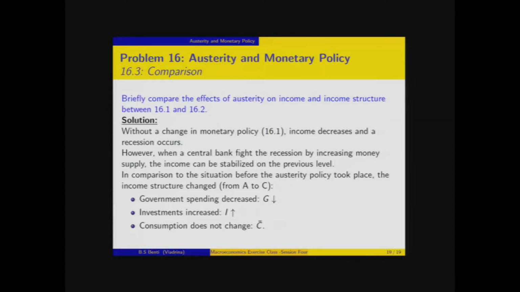So we reached a new income structure from point A to point C. Government spending decreases, but investment increased and consumption didn't change. This is the analysis of the comparison between the austerity measures and the expansionary monetary policy by the central bank.